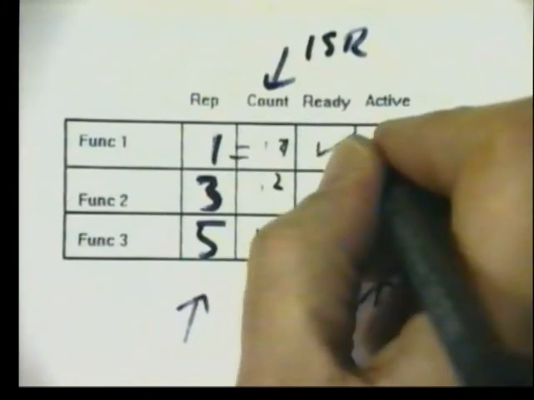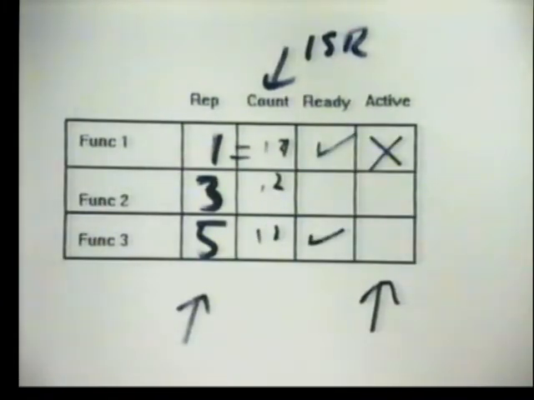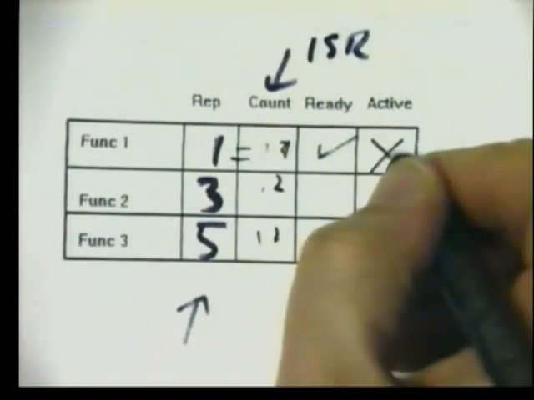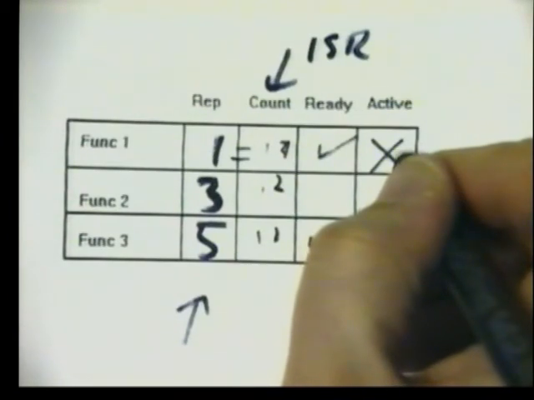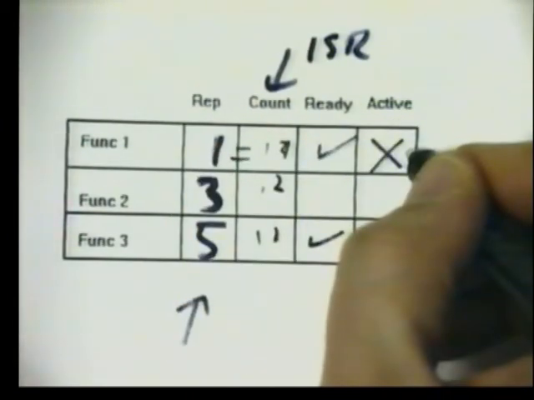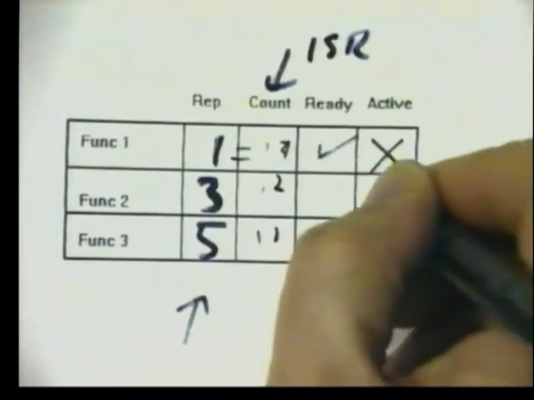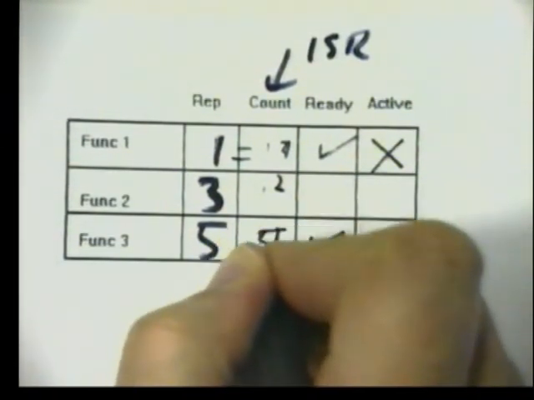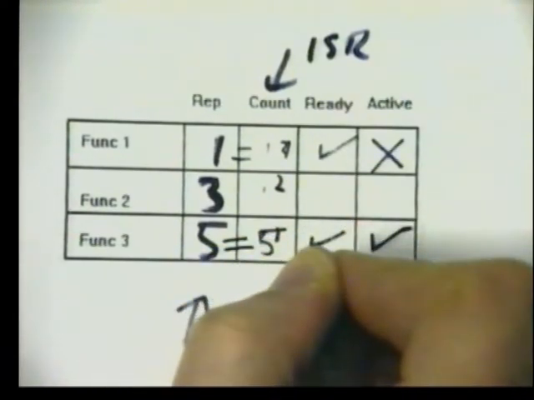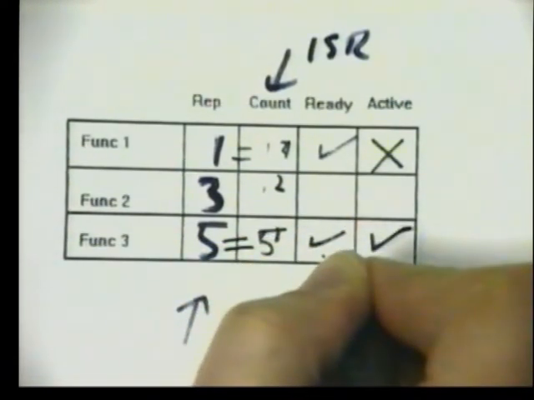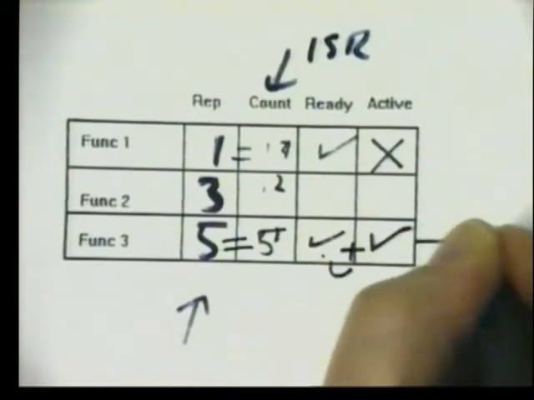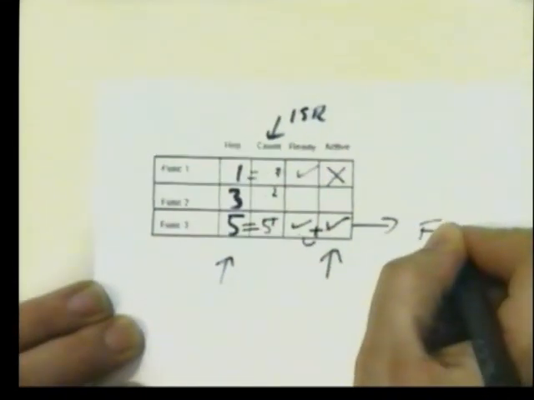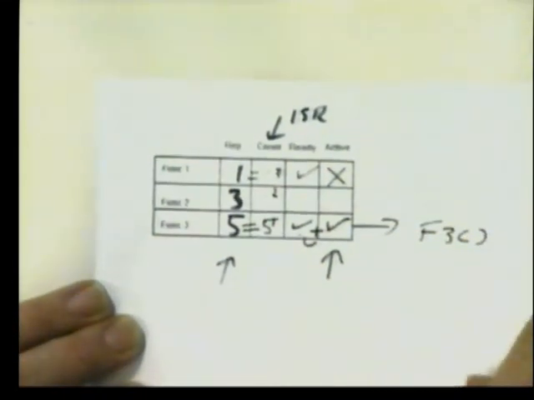So if we were to put a 0 into there, even if it's ready to run, because that has been declared inactive, it kills off the function. Now, similarly, let's assume this one has reached 5. If that equals 5, that's ready. And if it's active, only then did our scheduler run function 3.